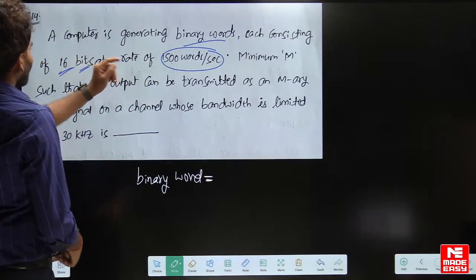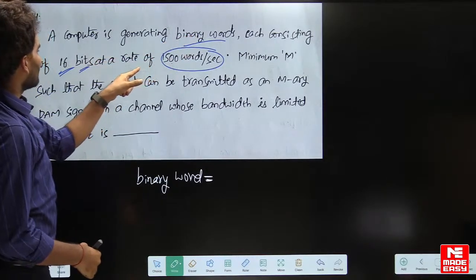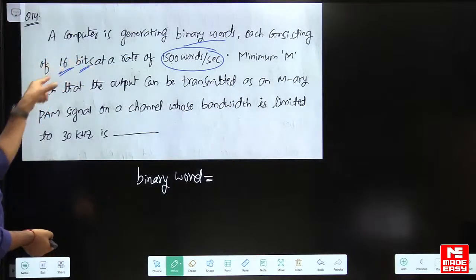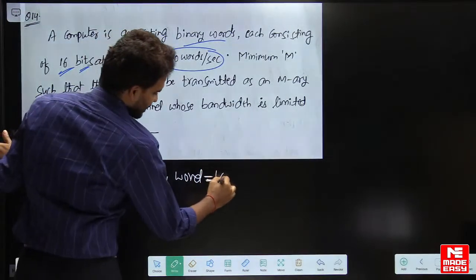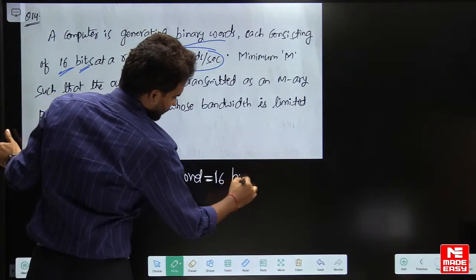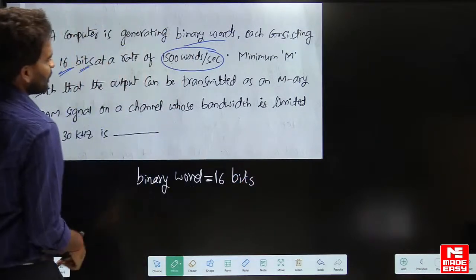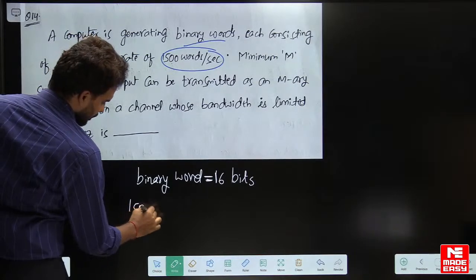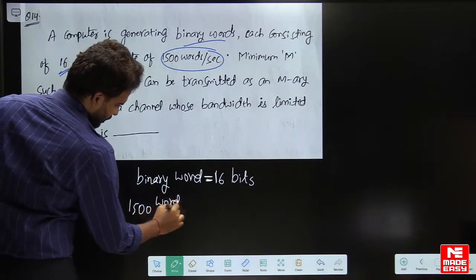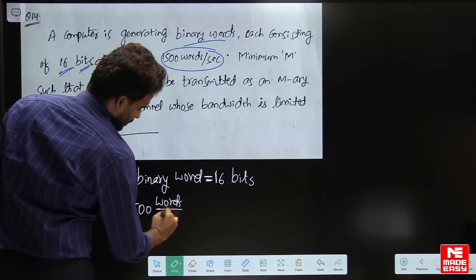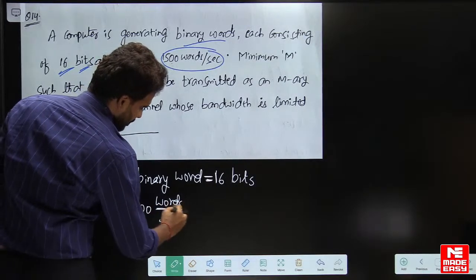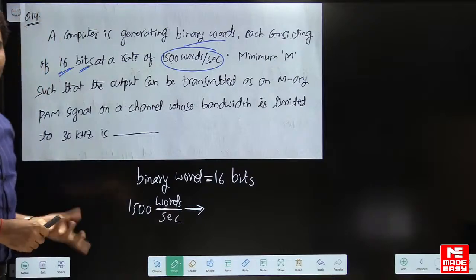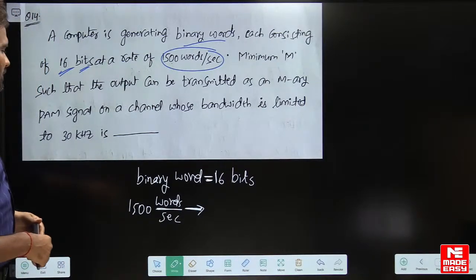Each binary word is having 16 bits, and the computer is generating 1500 words per second. Then how many bits are generated in 1 second from the given computer?